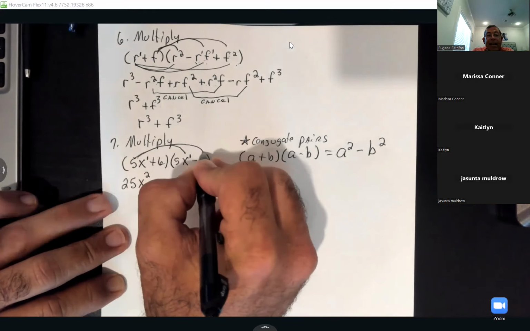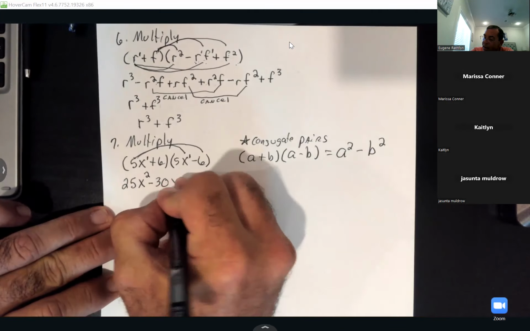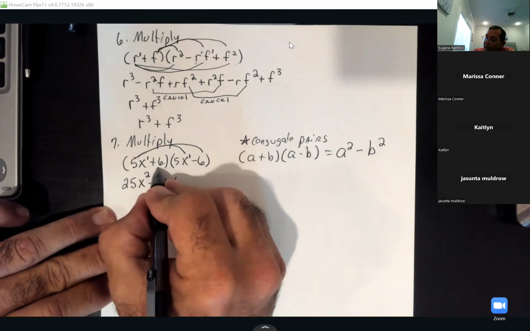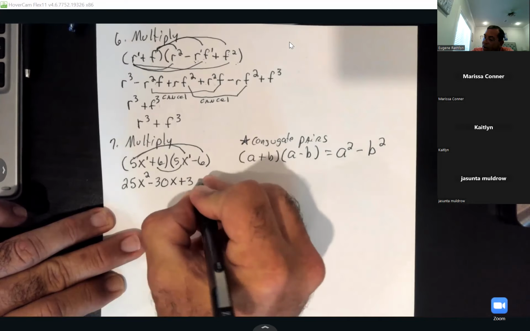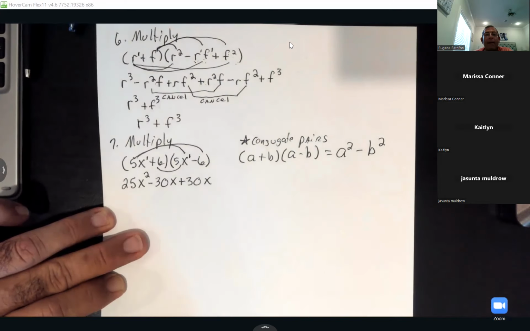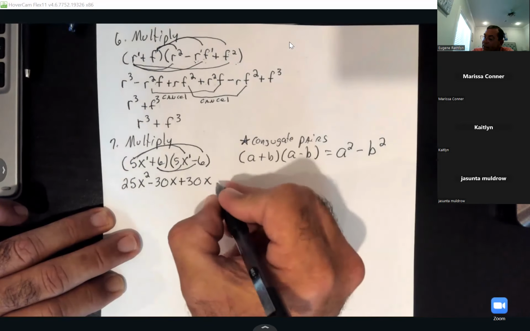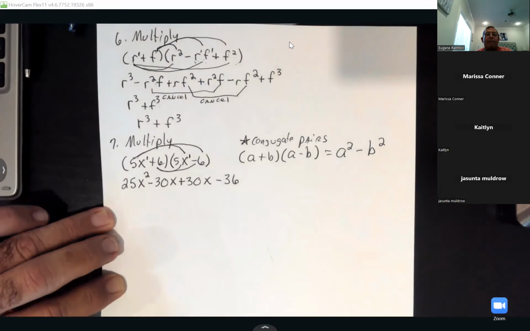5x times negative 6 gives me a negative 30x. On the inside, 6 times 5x gives me a positive 30x. And then finally, the 6 times negative 6 gives me a negative 36.